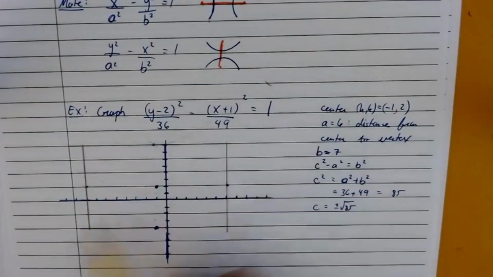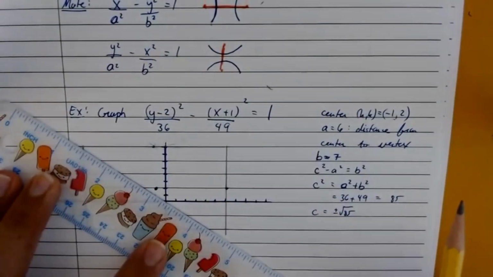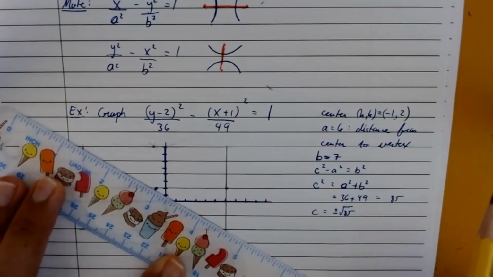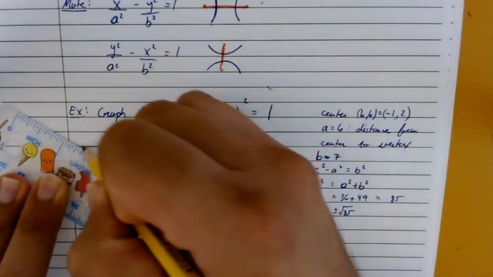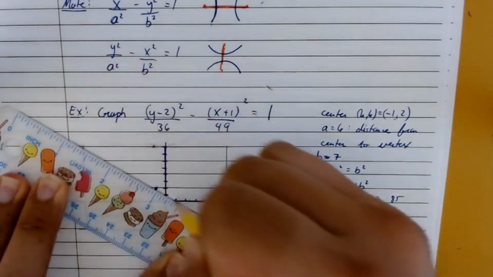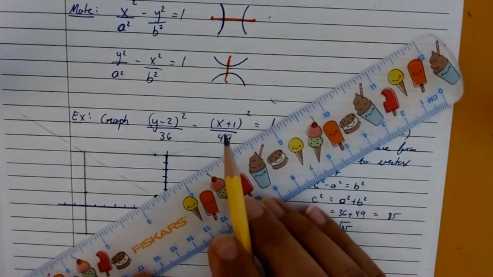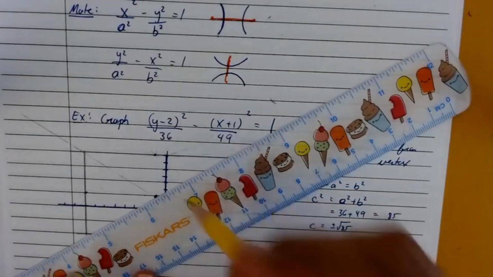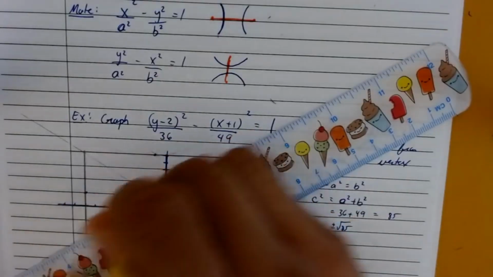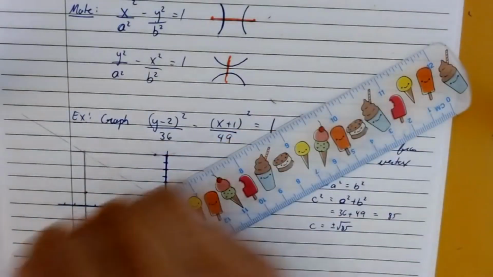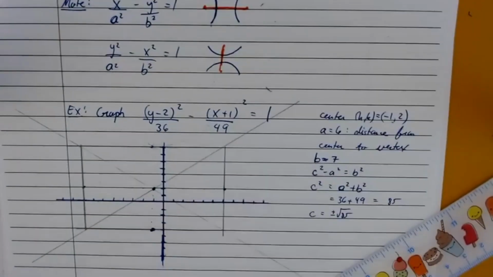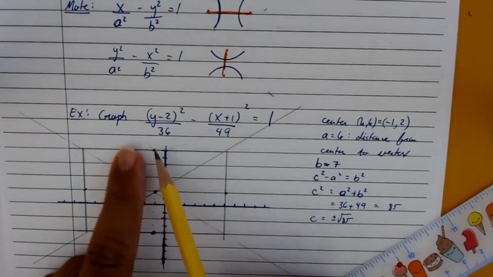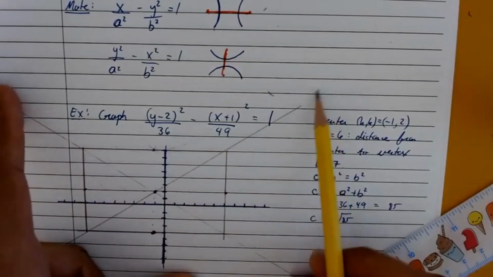Connect the opposite corners from each other. So here, those 2 corners, go ahead and connect them together with a dotted line. And don't just stop there. Continue on. Same thing over here. Don't just stop at the corners. Continue on. Those lines tell you how wide the hyperbola is. It's going to stretch out to follow those lines.